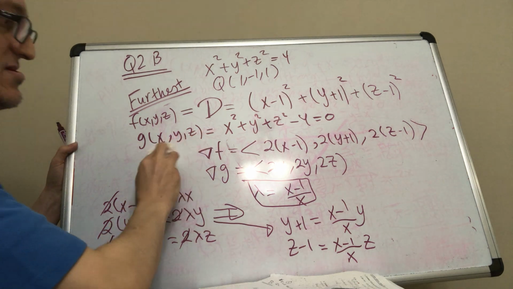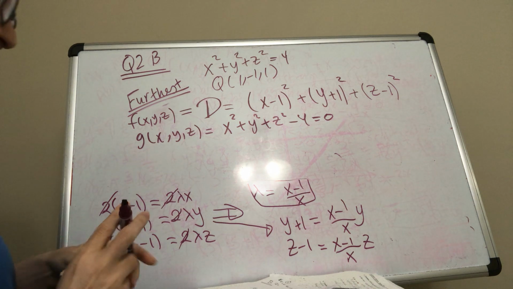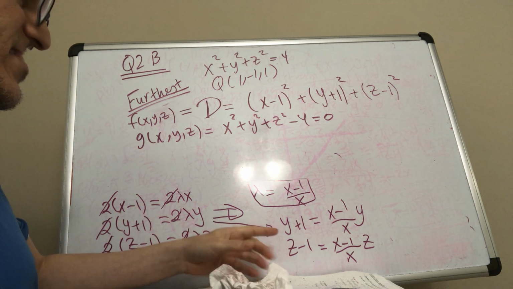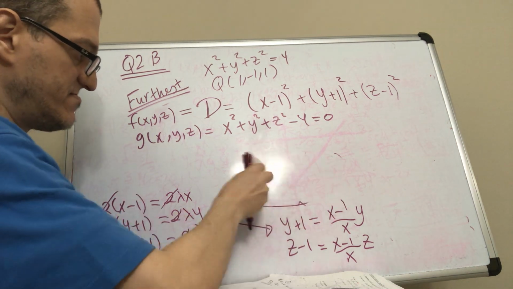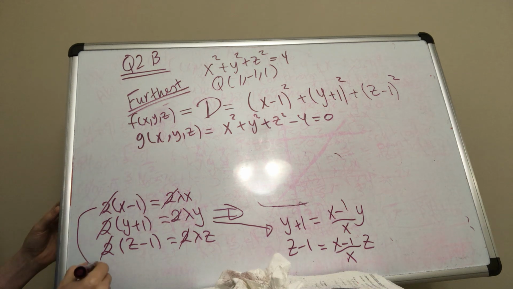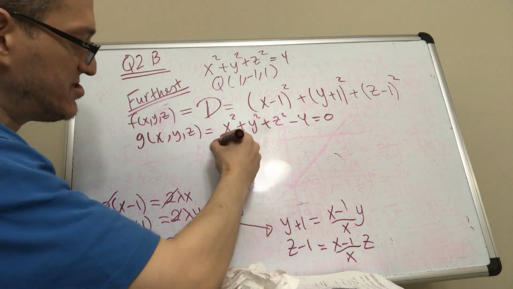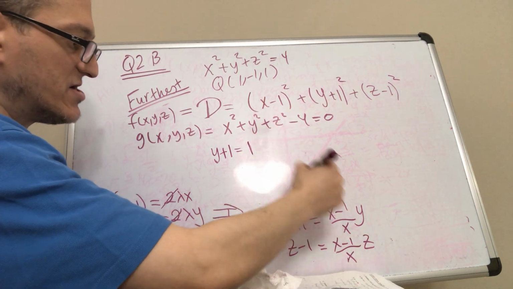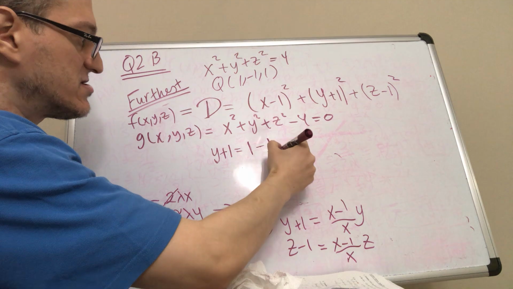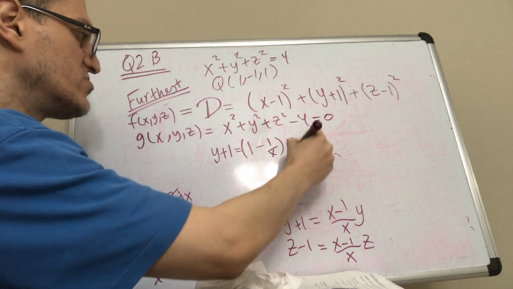Now, consider the first one: lambda is (x minus 1) over x. If I take the equation y plus 1, x over x is 1, minus 1 over x, times y.